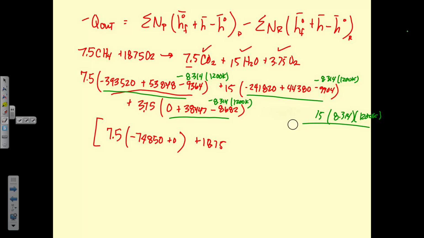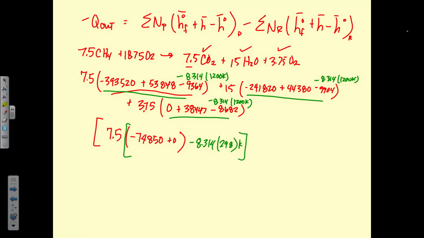I just got into my la la land of writing down equations and forgot this was a closed system. Okay. So also here, we have to consider that term. So minus 8.314 times, instead of 1200 K, it's 298 K, because the reactants are at 298 K.